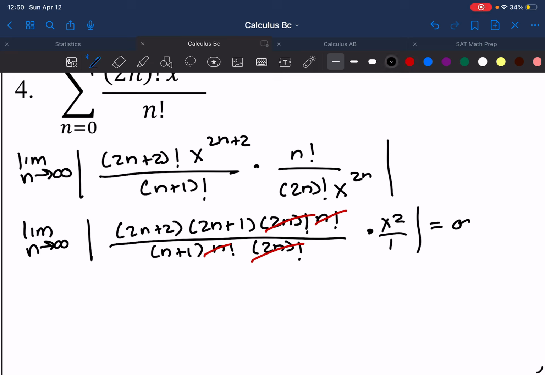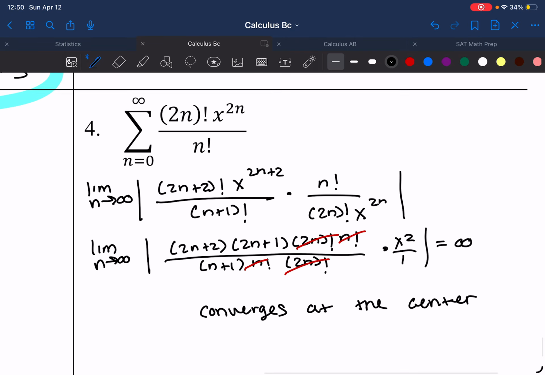So that means my numerator is going to get larger faster than my denominator, which means this entire limit is going to equal infinity. And remember, if we go back up to the rules, if it equals infinity, that means it only converges at the center. And if it only converges at the center, we don't need to write an interval at all. So I'm going to say converges at the center.